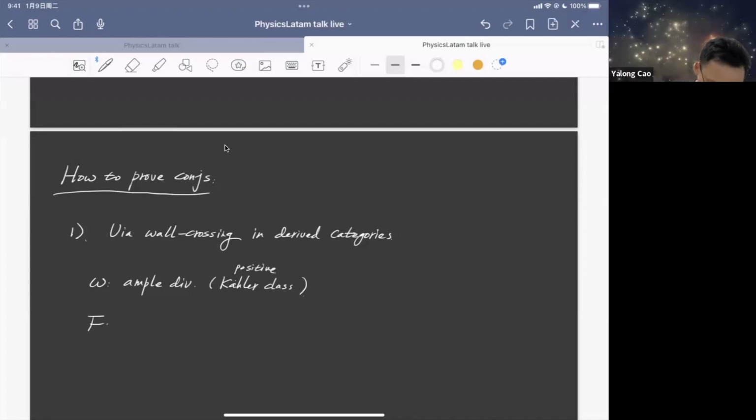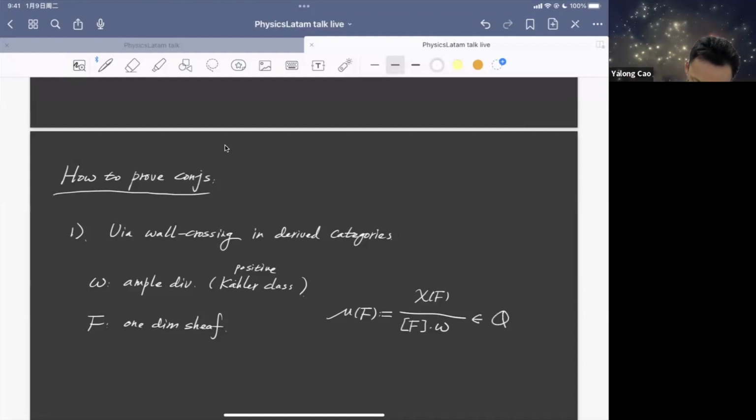F is a one-dimensional sheaf, so you can say this is a bundle supported on a curve. From these two data, we can define the slope function by the Euler characteristic of F over this Kähler class integrated on the curve class of F. Anyway, this is an intersection product.